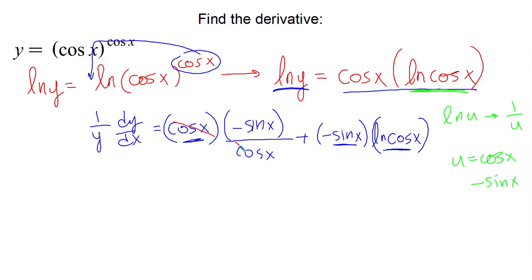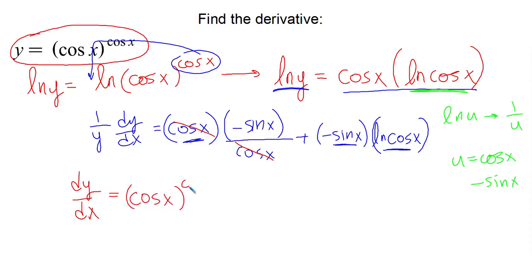Our cosines should cancel out. And we've got dy dx. When we multiply by y, we'll recognize that when I multiply by y, I'm multiplying by cosine x to the power of cosine x. So I'm just going to write that y as cosine x to the power of cosine x. That's the y, right?